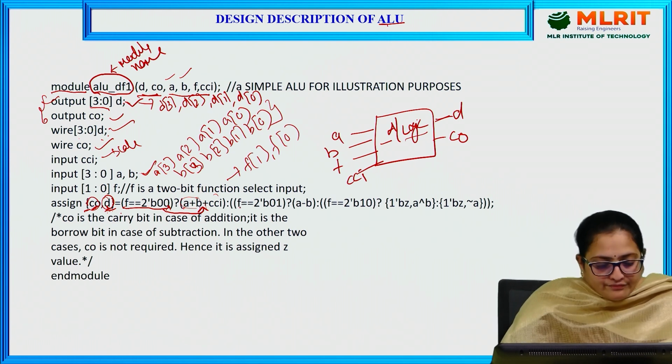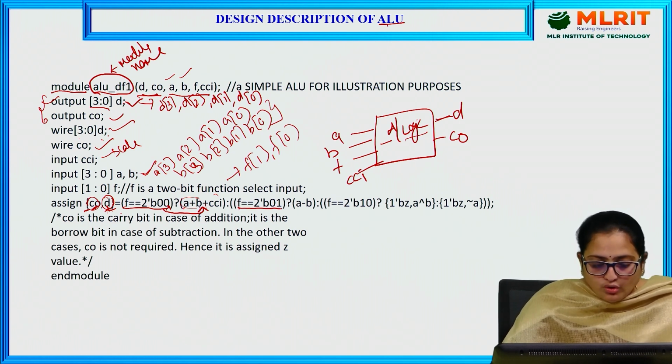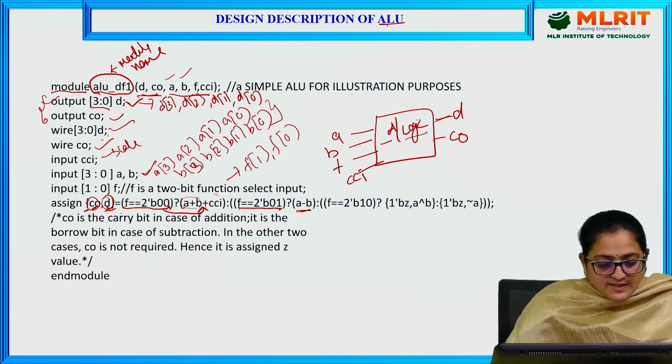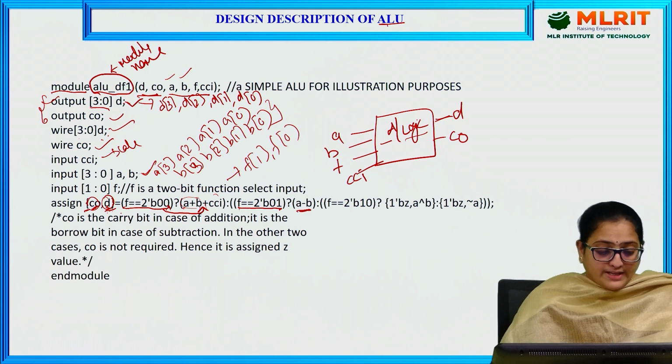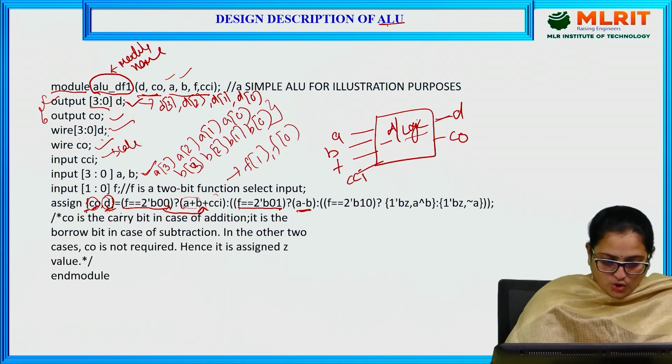Next, if F is equal to the 2-bit binary value 01, then A minus B will be stored in D, and the borrow can be stored in C0.